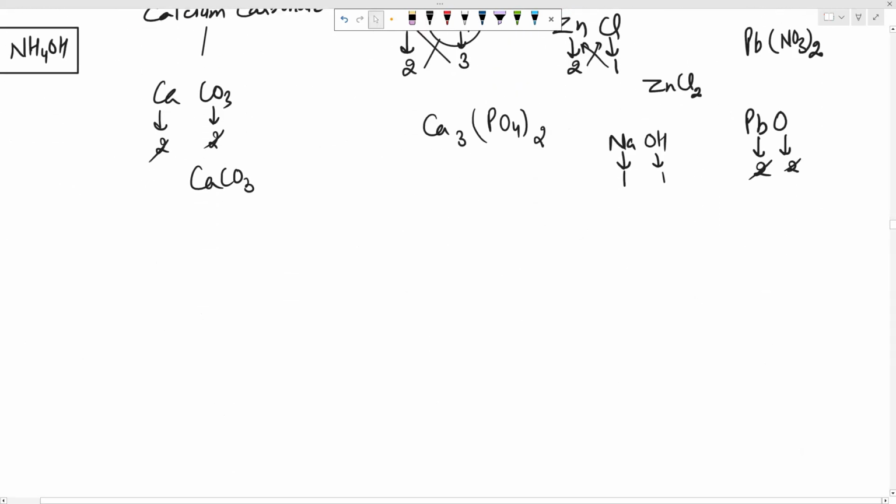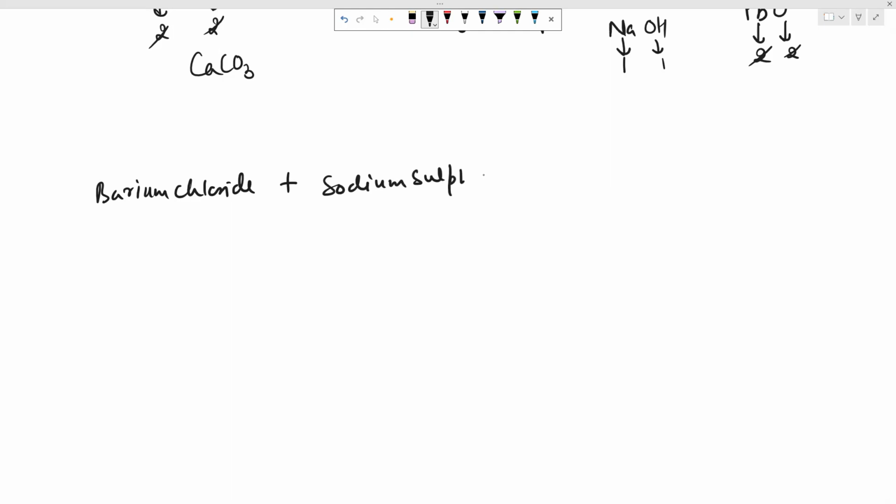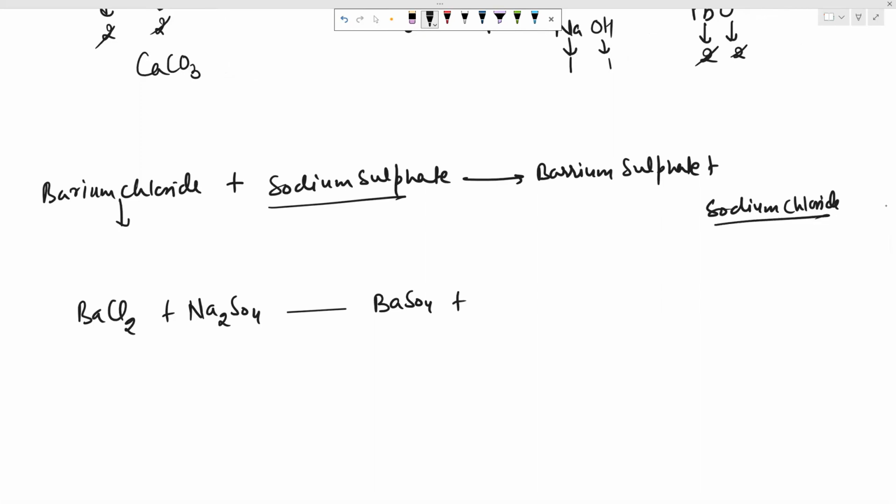For example, if a word equation is given, barium chloride reacts with sodium sulfate to give barium sulfate plus sodium chloride, you have to write this word equation in symbols and formulas. Barium chloride is BaCl2 plus sodium sulfate is Na2SO4 gives barium sulfate, BaSO4, and sodium chloride, NaCl.